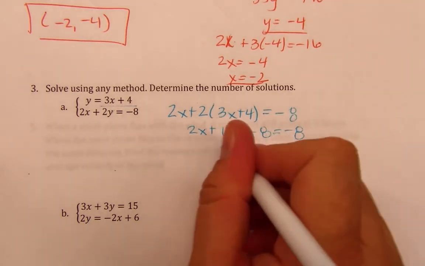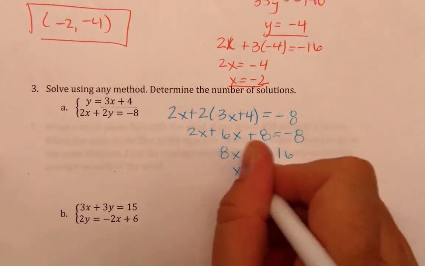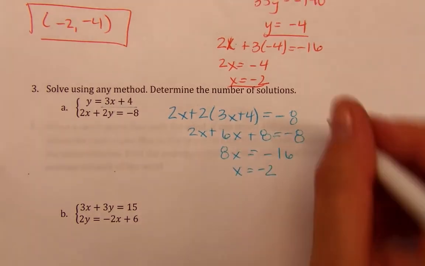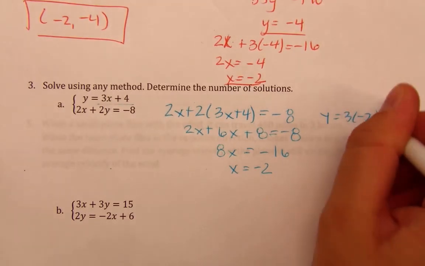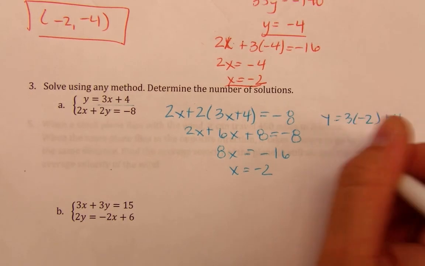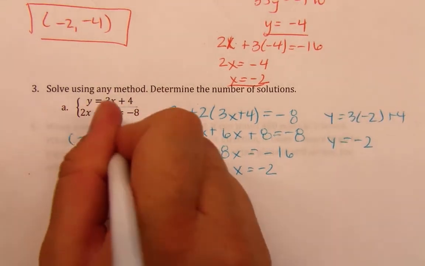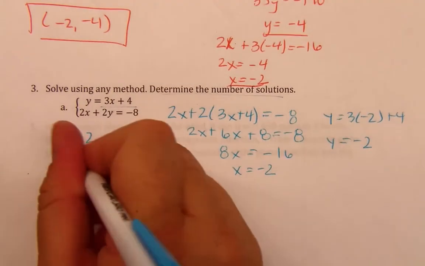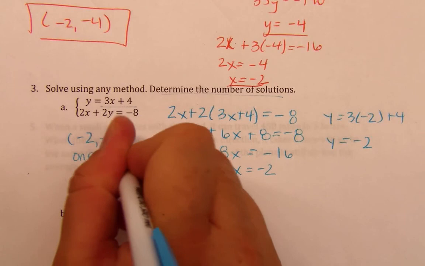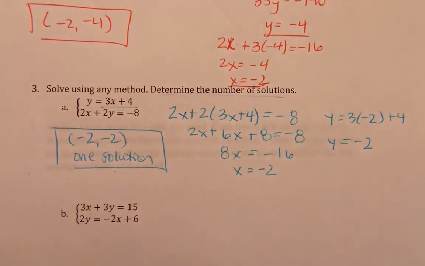And we have 8x equals negative 16, so x equals negative 2. Plugging in, we can find y. y equals 3 times negative 2 plus 4. So we have negative 2, negative 2. And it said determine the number of solutions. Well, we have one solution.